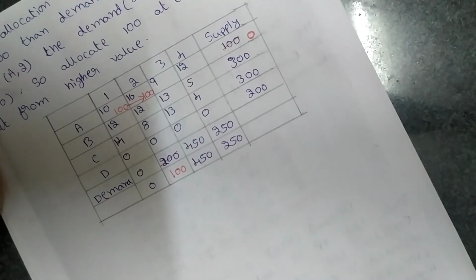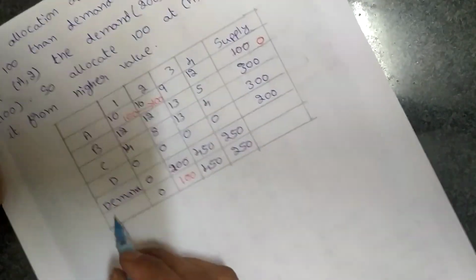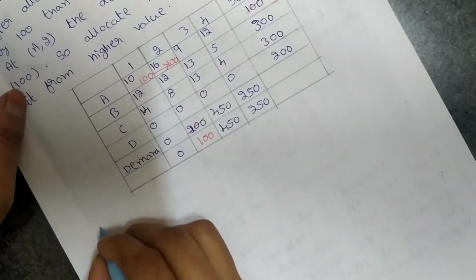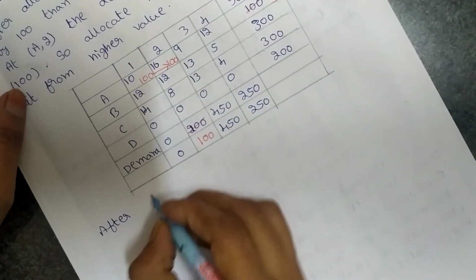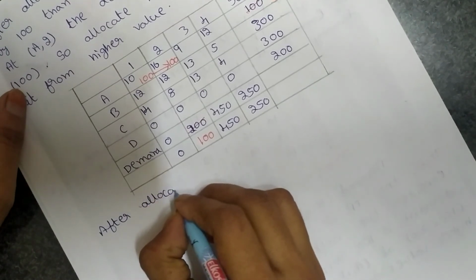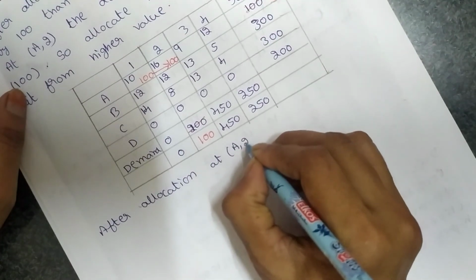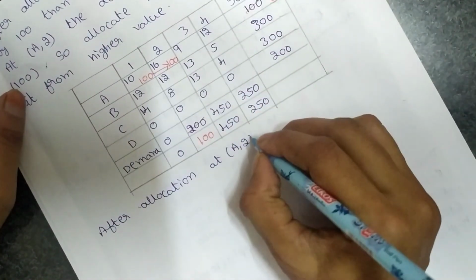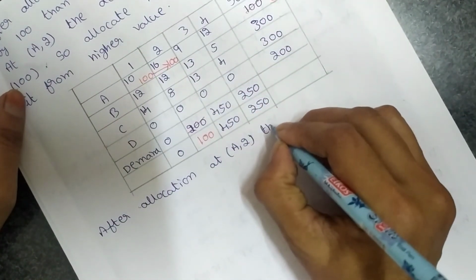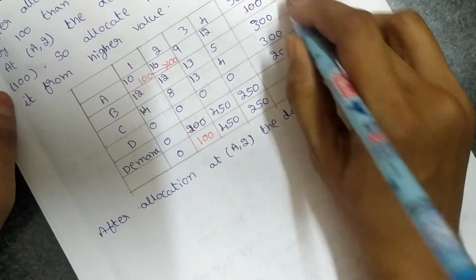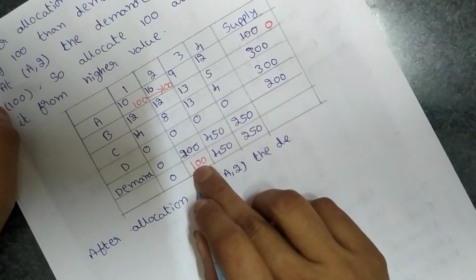Okay. Now we will write the same process like the previous. After allocation where at A comma 2. Now where we have allocated here. Okay. A comma 2. Which is higher? Here the supply is 0 but demand is 100.